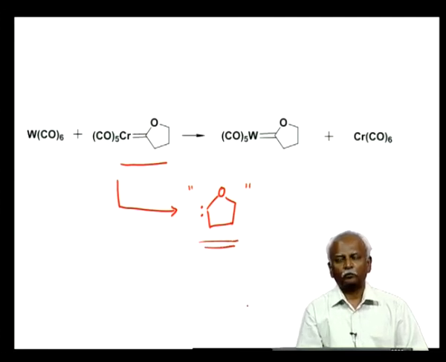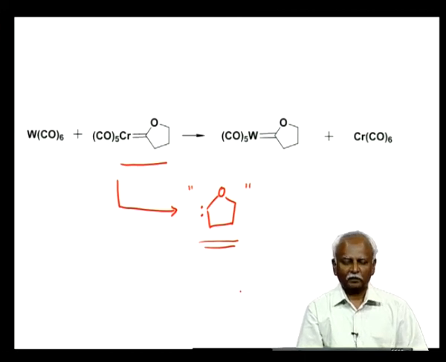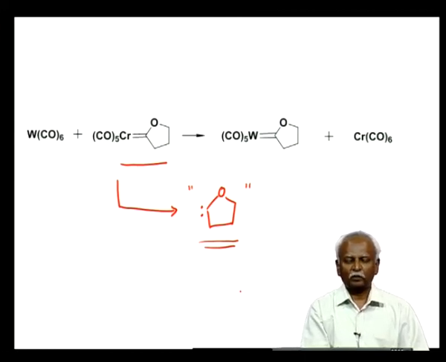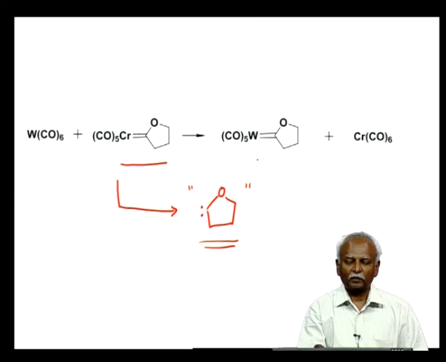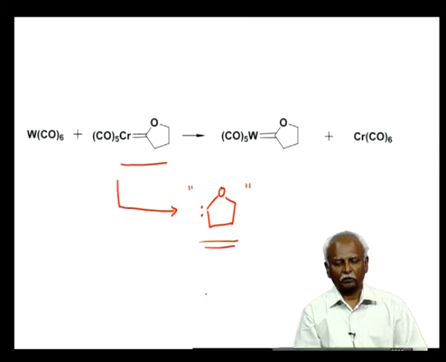So, this compound is formed by reaction of this chromium carbene complex with the tungsten carbonyl complex, and the tungsten gains this carbene and forms the carbene complex.